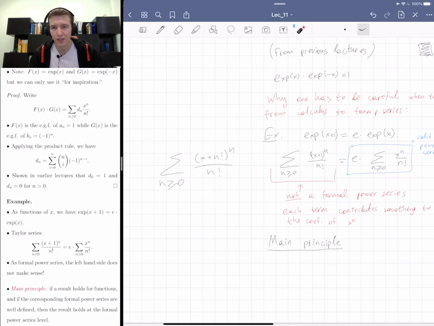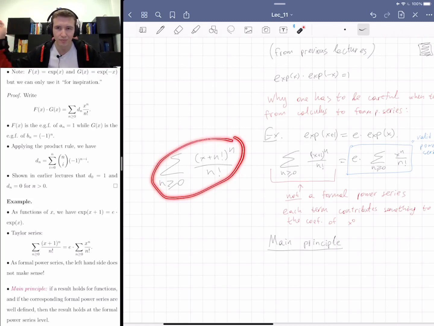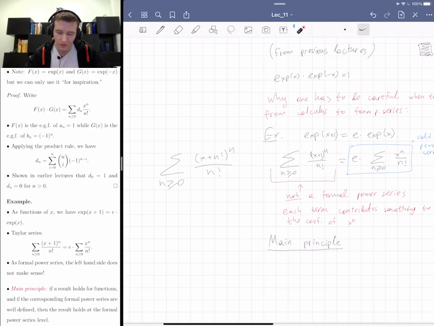Either as a formal power series or as a function of x. It has no interpretation because its constant term is some infinite sum of natural numbers. You can't really talk about the coefficients of this series, nor can you talk about the values at any given x. Does it make sense?